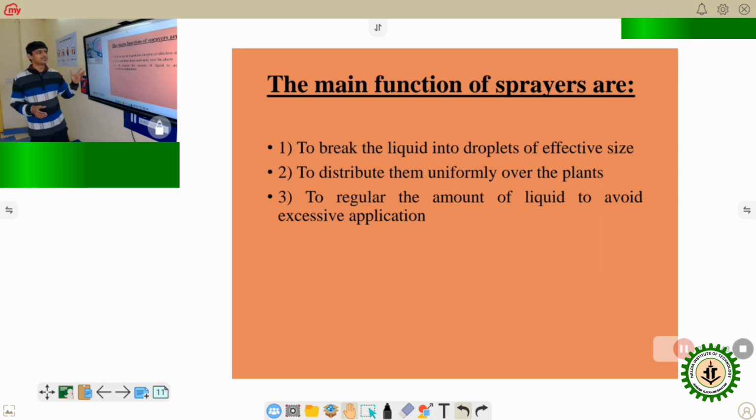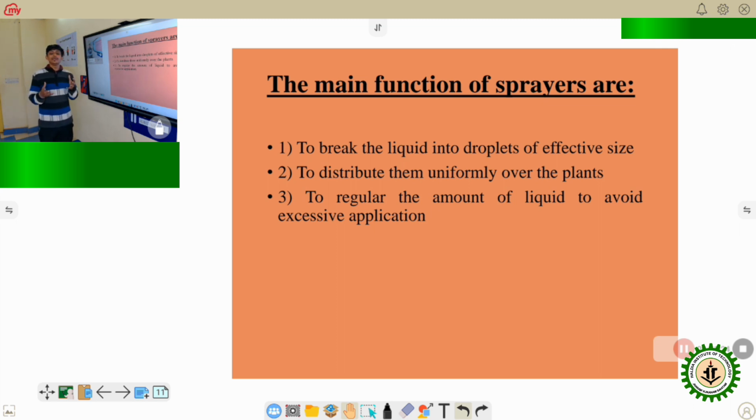So what are the main, basic functions of the sprayer, which we generally use for spreading liquid fertilizer in the field conditions? The basic functions are: it breaks the liquid into droplets, which are effectively used on the crop to control different diseases and pests, and it distributes the liquid uniformly over the plant.